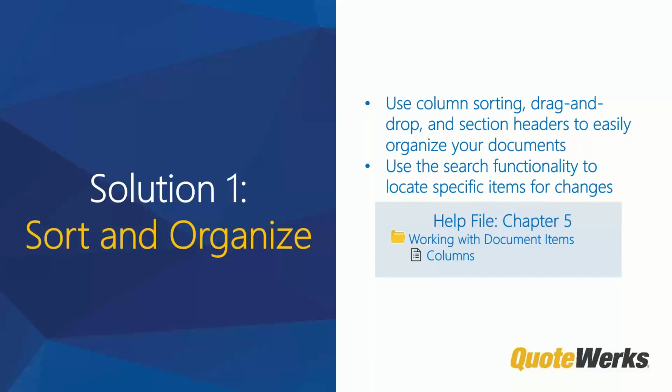We also have search functionality. So if you're looking to update a specific line item, and you can't find something, especially if you have larger quotes, if you have a couple hundred items in a quote, that can be pretty daunting. So using all that functionality and the search functionality can really help make things a little bit simpler for you when you're utilizing QuoteWerks and updating that data.